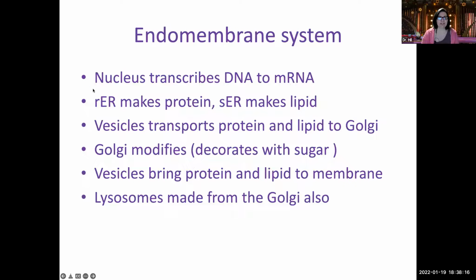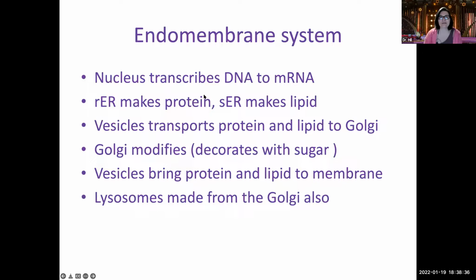Some people additionally include the nucleus because technically it's connected to the rough ER and is important for the first step of what the endomembrane system does. So let's just briefly remind ourselves what these organelles do individually, and then we're going to talk about how they work together as a system.